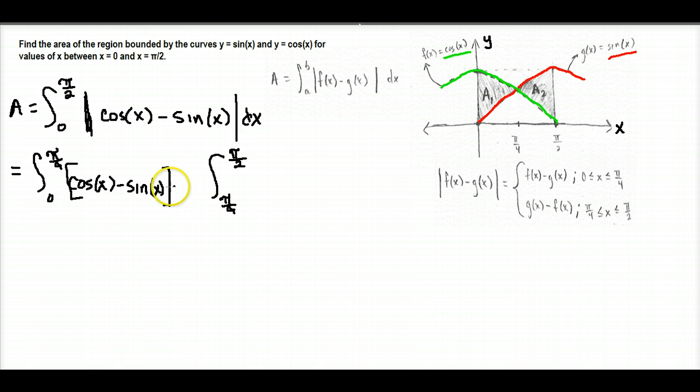All that enclosed there, dx plus, and then here we're going to switch it and say sine of x minus cosine of x dx. All right, and so now it's just a matter of doing the integration here. So we know for cosine that cosine is a derivative of sine.